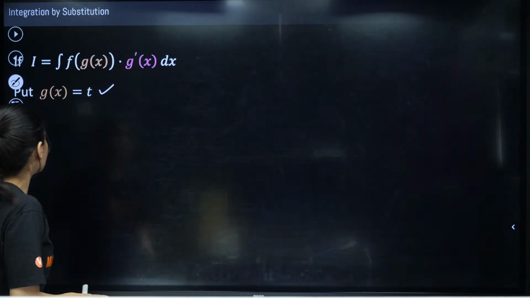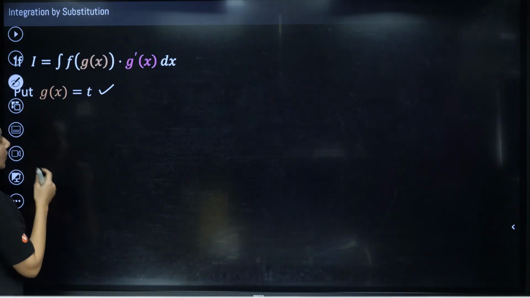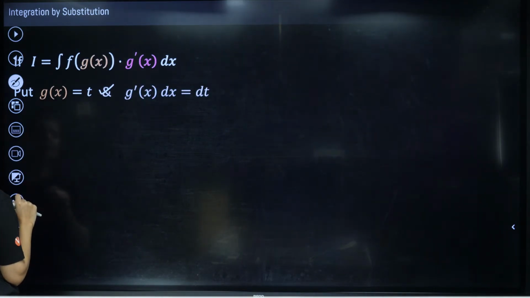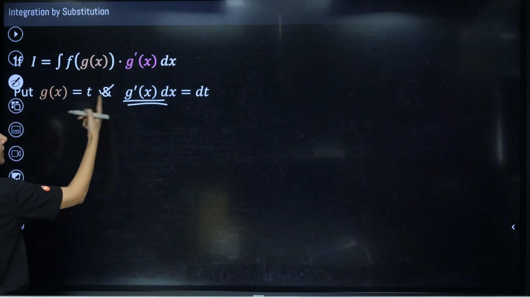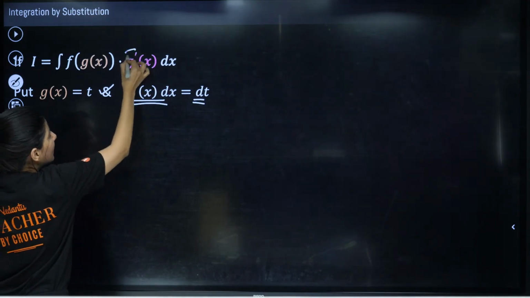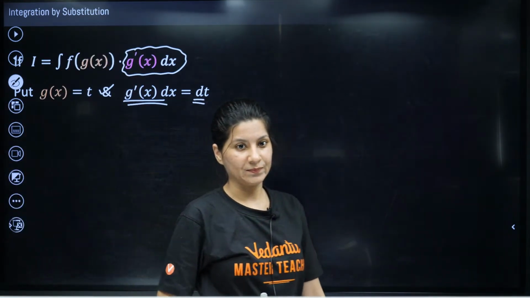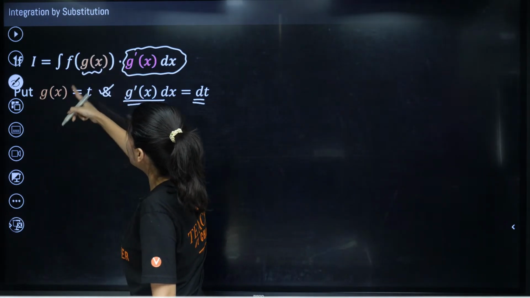So yes, put g x equal to t. Now differentiate both the sides with respect to x here and with respect to t here. So this will become g dash x dx on the left hand side, and the right hand side will be dt. So g dash x dx will become dt, and this g x will be replaced by t.